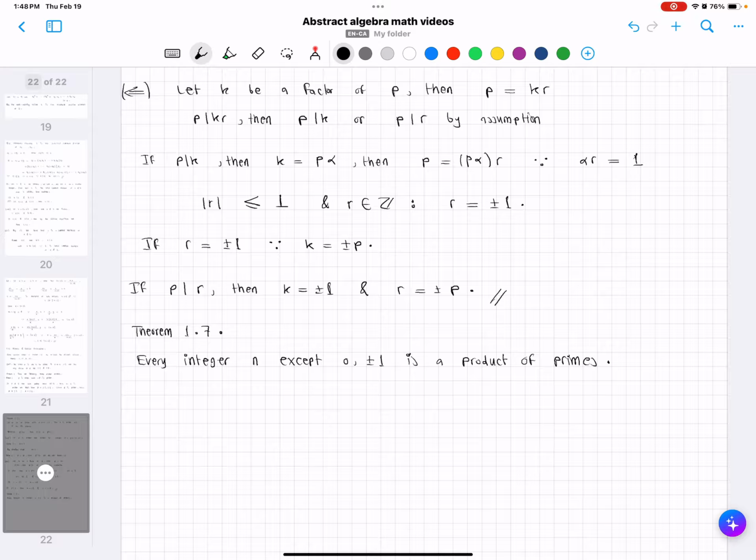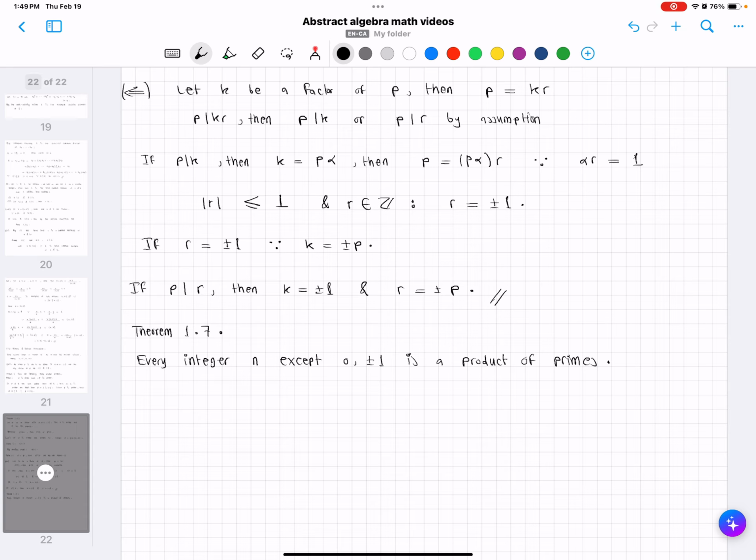But the main core of things is that if you pick a number and pick its factors, then if the number is not prime, it has factors other than 1 and itself. Then you look at those factors.